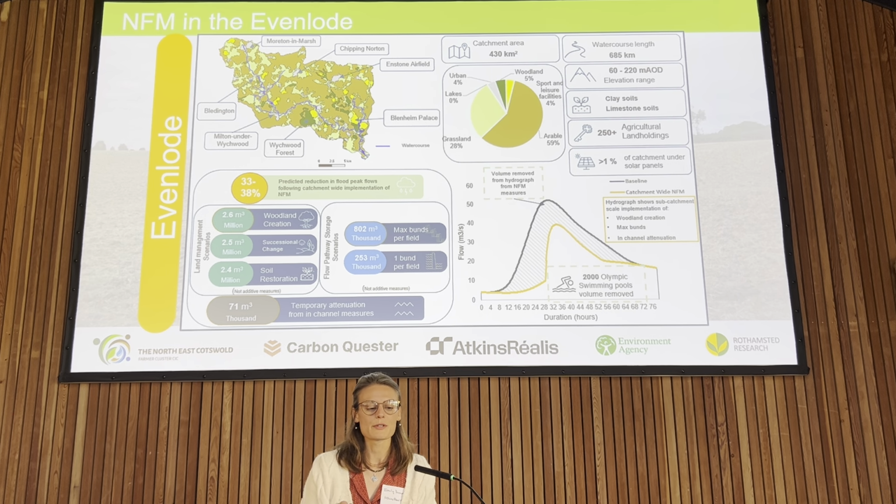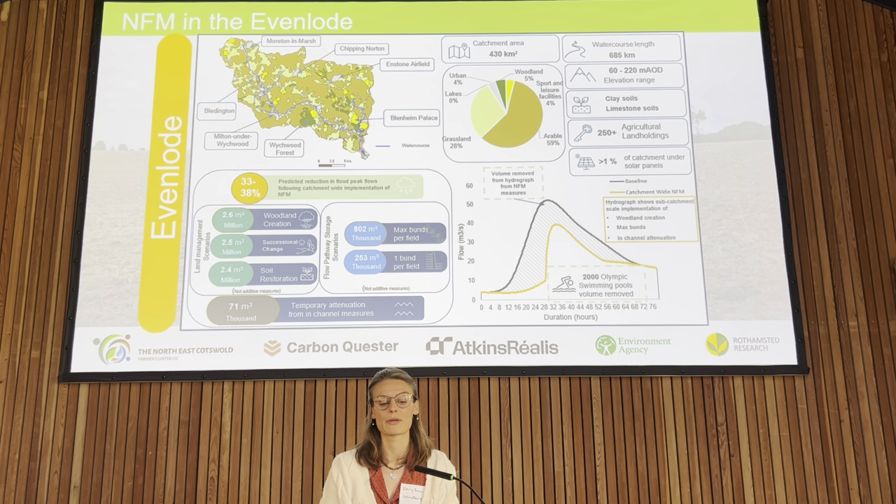As with most modelling, there have been quite some broad assumptions made in how you take the volumes that the modelling is showing can be reduced in terms of reduction in runoff and stored in the flow pathways, and how we implement that volume into the hydrograph. So there are assumptions in how the volumes are converted into the flow.